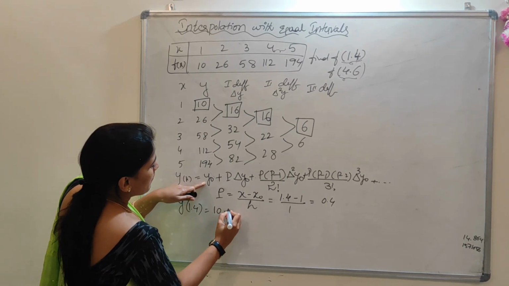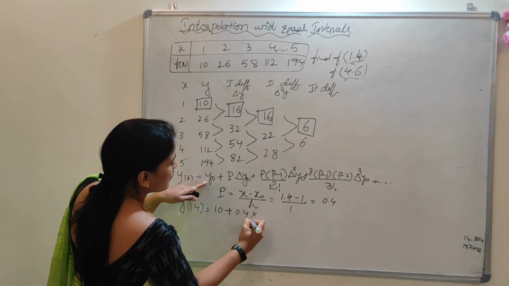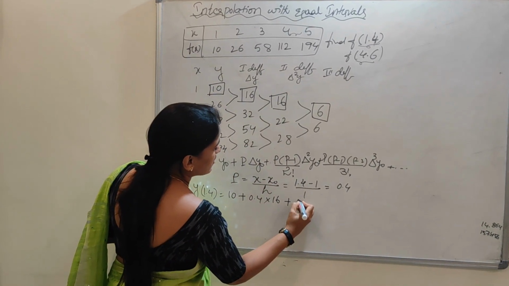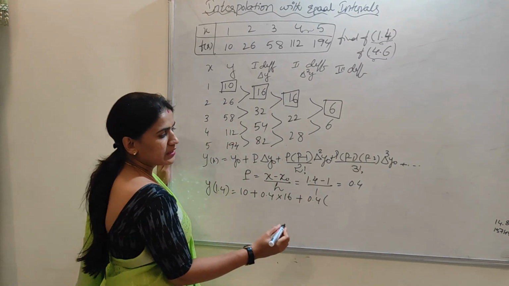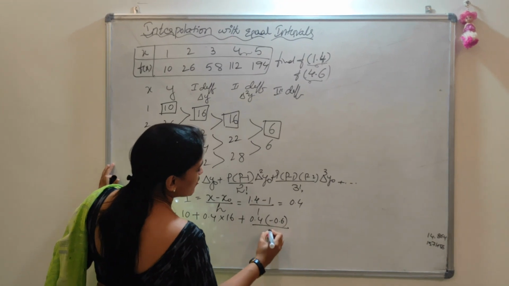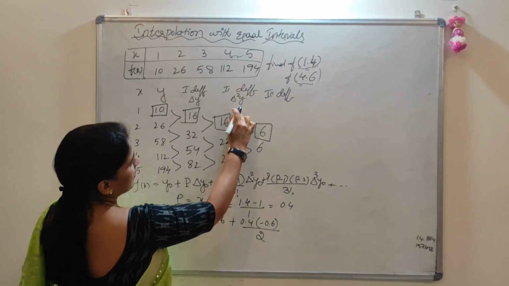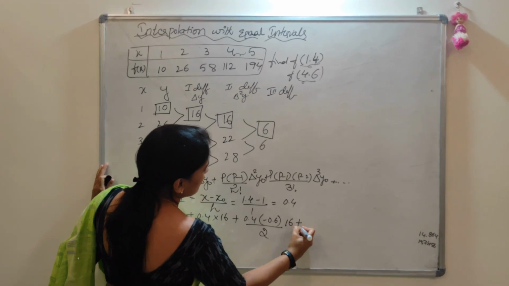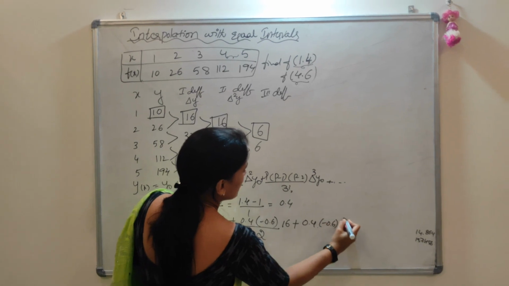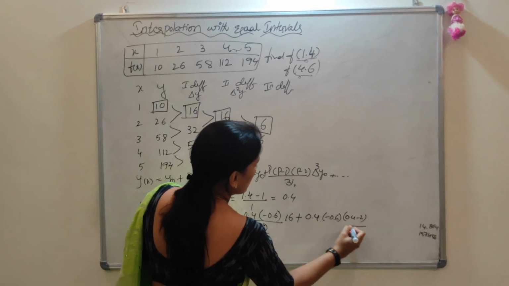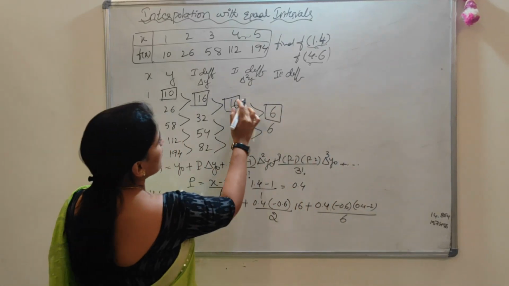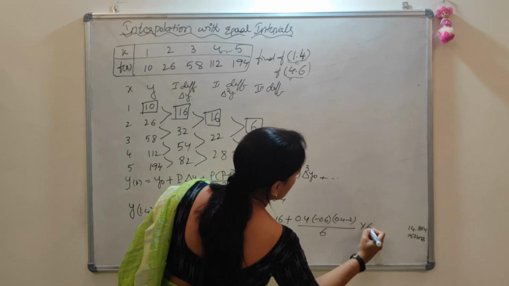So y naught is 10 plus p, which is 0.4, into delta y naught, which is 16, plus 0.4 into p minus 1, which is minus 0.6, divided by 2 factorial, which is 2, into delta square y naught, which is 16, plus 0.4 into 0.6 into 0.4 minus 2, divided by 3 factorial, which is 3 into 2 into 1, 6, into delta cube y naught, the third difference, which is 6.